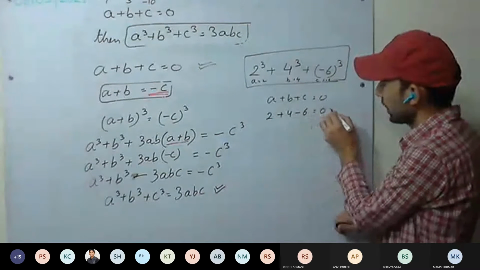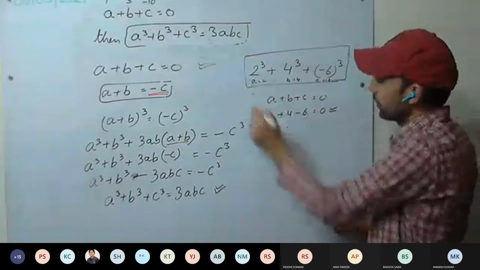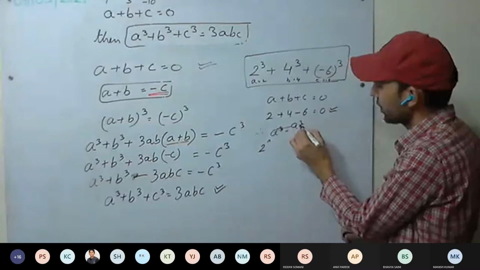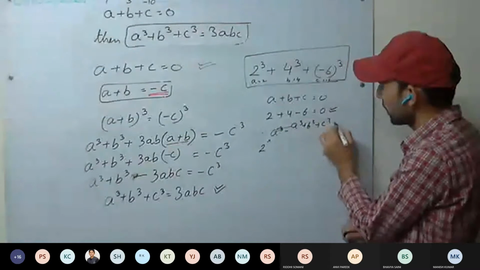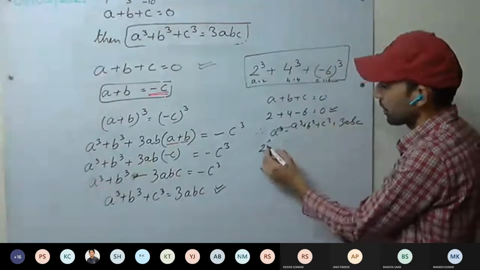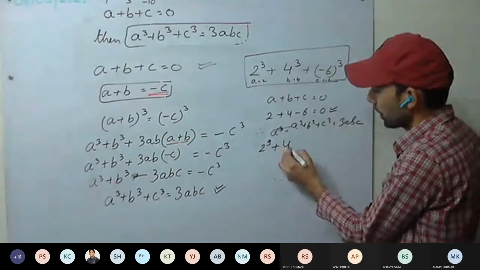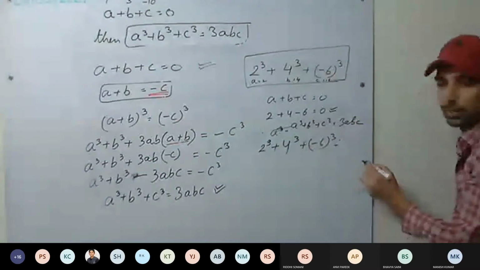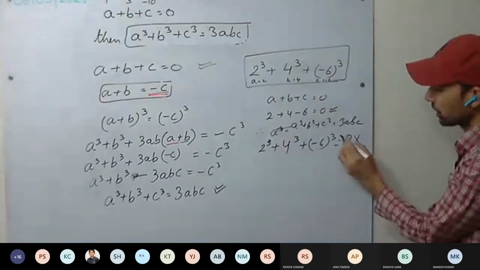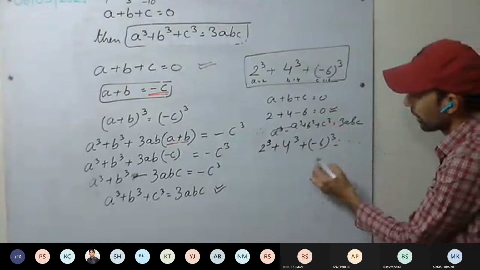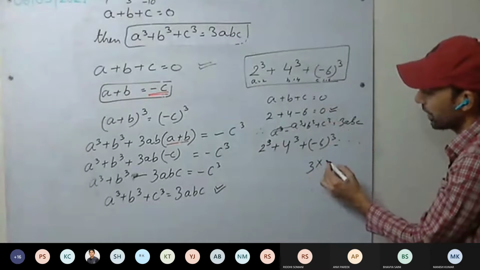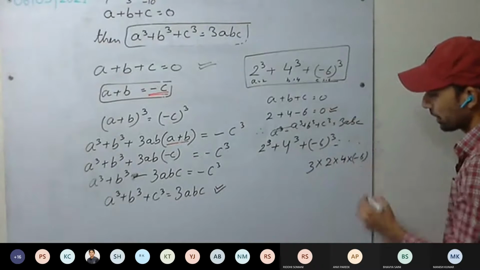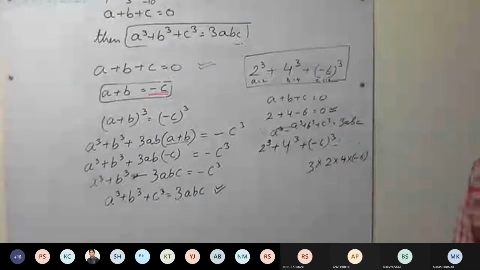Is it 0? Yes. Therefore, we can use this equation: a cube plus b cube plus c cube equal to 3abc. So 2 cube plus 4 cube plus minus 6 cube will be 3 into a, which is 2, into 4 into minus 6. Only this much you have to do.